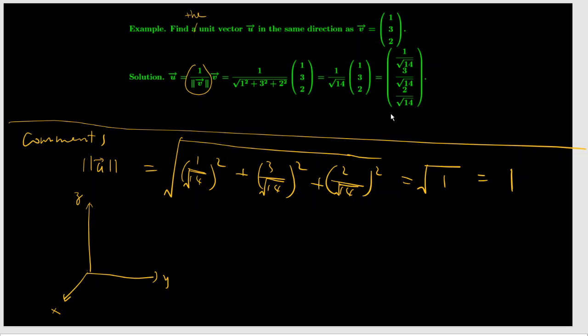Now let's say the vector u is a unit vector. Let's say the unit vector is here. That is the vector u. I'm telling you the meaning of the vectors, the meaning of the components.